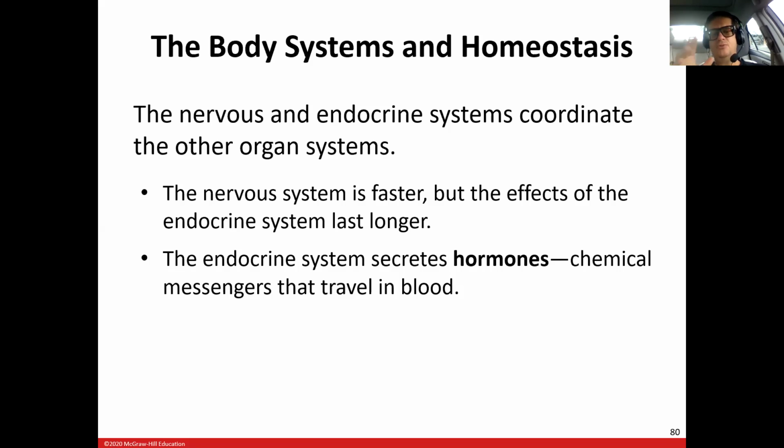Think two ways of sending a signal. Say you're going to send Morse code to someone. In one method, you're flipping the lights in a room on and off, dot, dot, dash, which would be long, short, long. Those signals are fast. That's your nervous system.